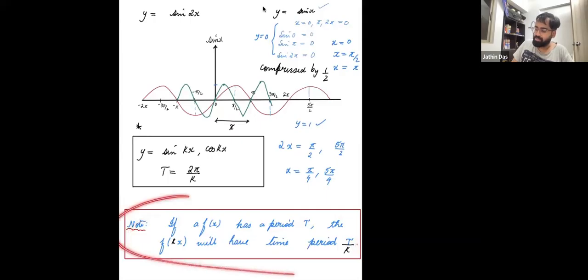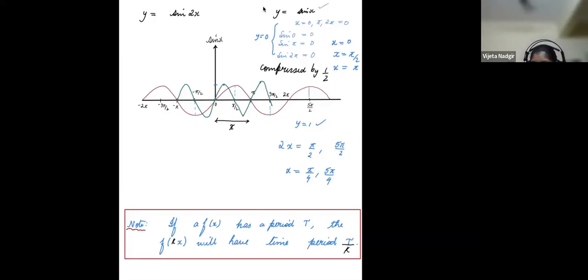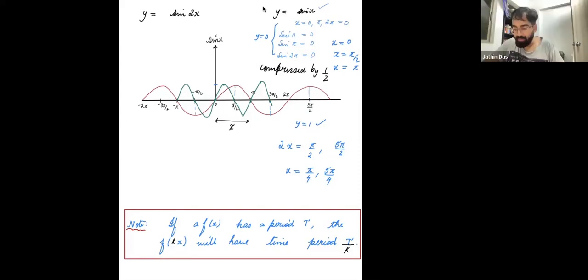You can write it as a note there. Not a formula, it is a note. Okay, done.